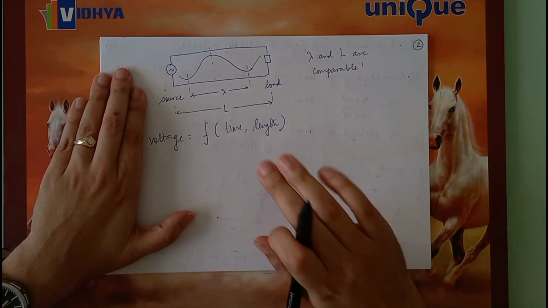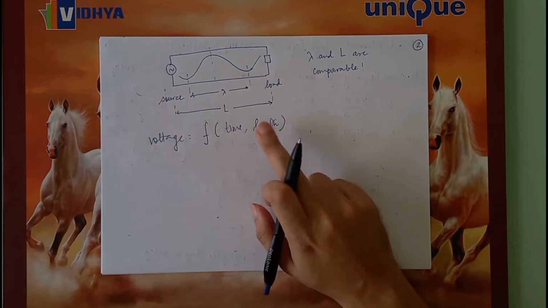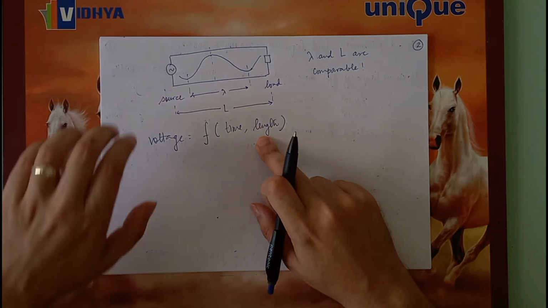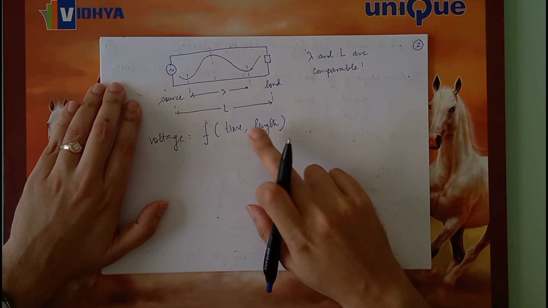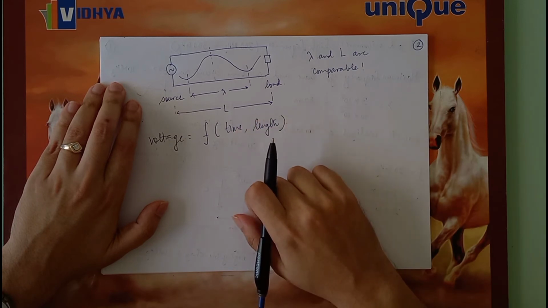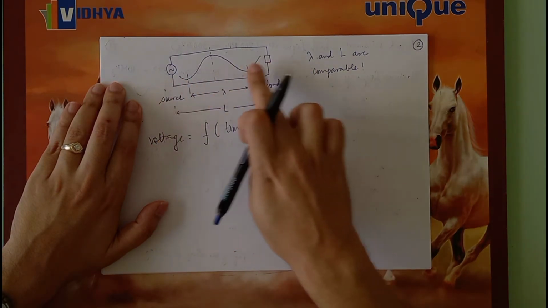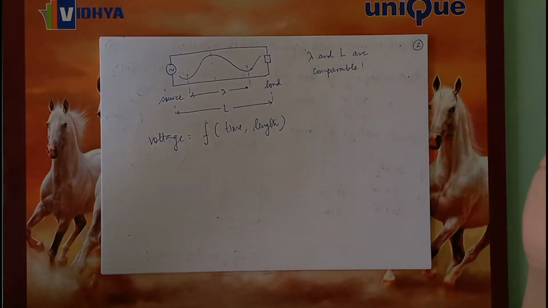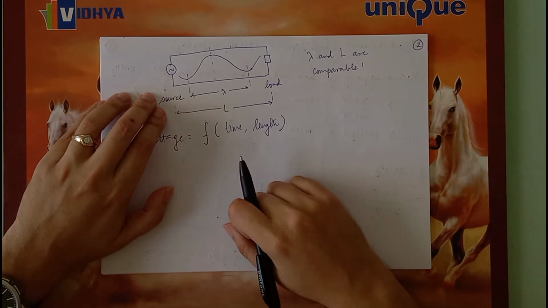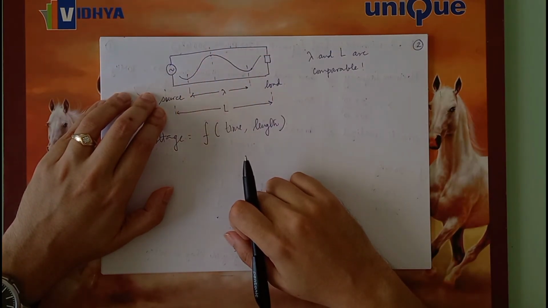Thankfully, our job will become a little easier because the time and length factors can be segregated and treated as independent quantities, because they really don't depend on each other. The distance between the source and the load could be as small as possible, could be as large as possible, but its time behavior would not change. The wave would still remain a sinusoidal wave as a function of time.